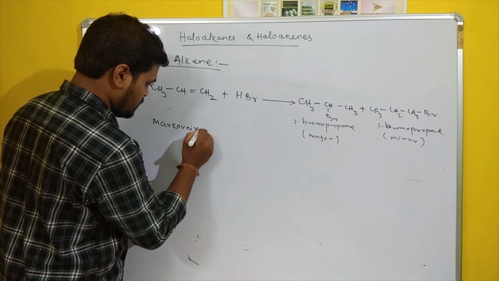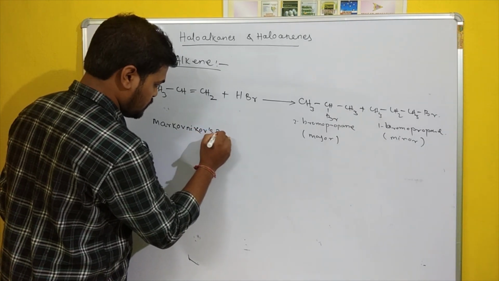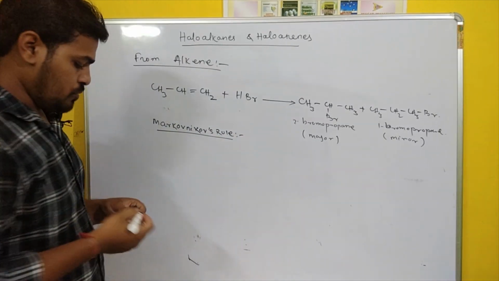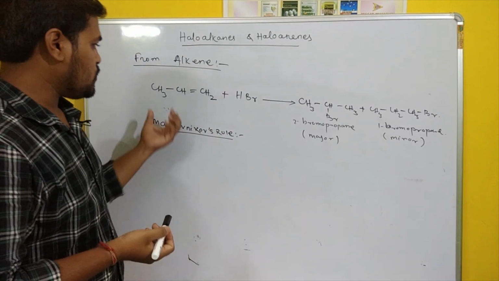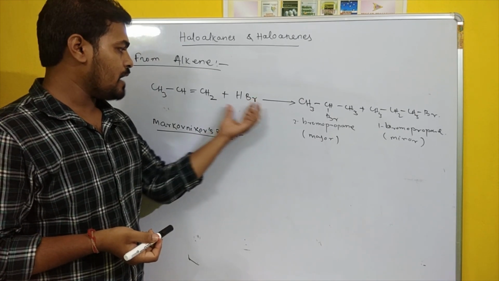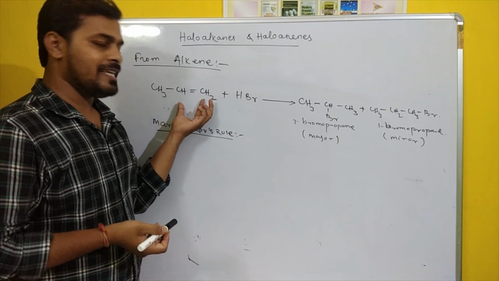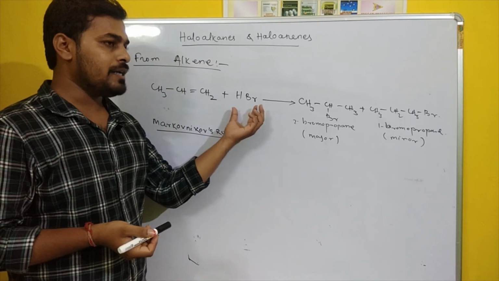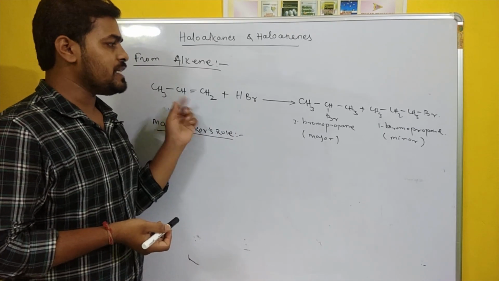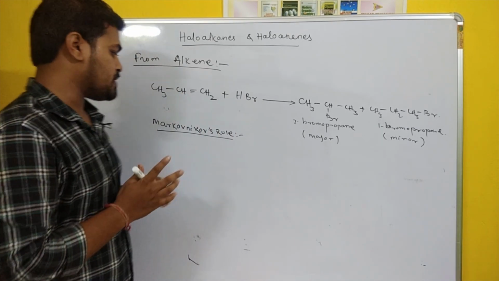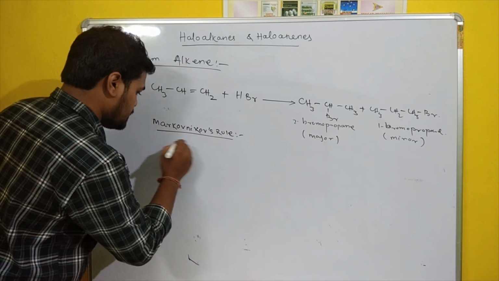Markovnikov's rule. What is Markovnikov's rule? Markovnikov's rule is: when a halide attacks the alkene, the double bond breaks and the halide group attaches to the carbon which contains the lesser number of hydrogens.